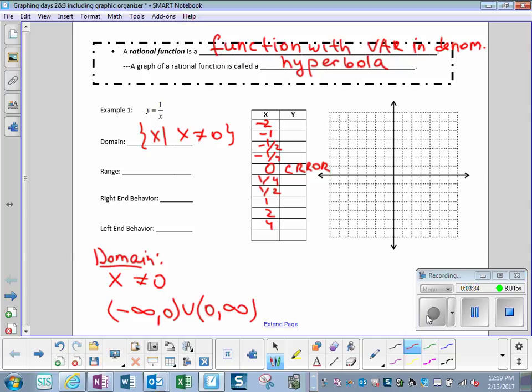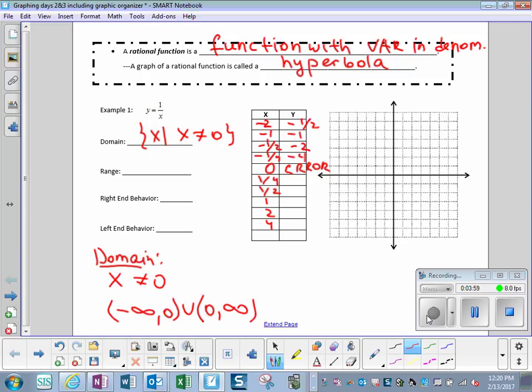1 divided by negative 2 is negative 1 over 2. 1 divided by negative 1 is negative 1. 1 divided by negative 1 over 2 is negative 2. Correct? 1 divided by negative 1 over 4 is negative 4.